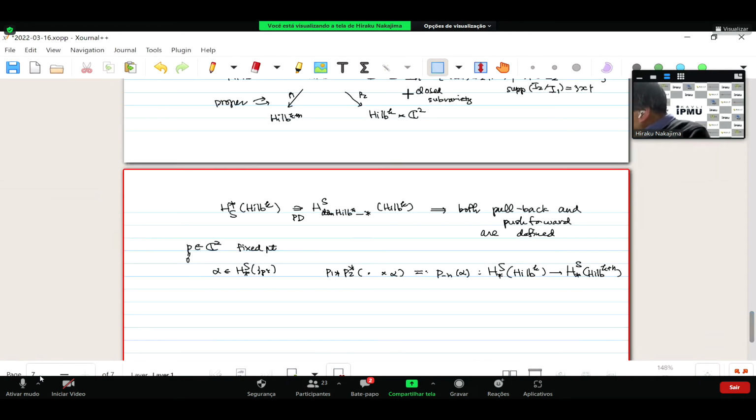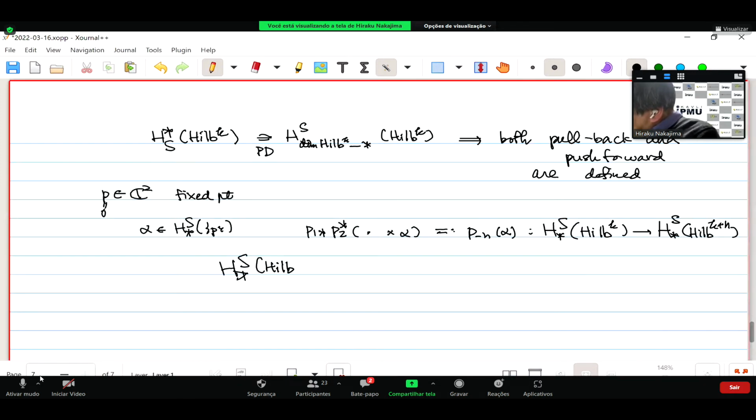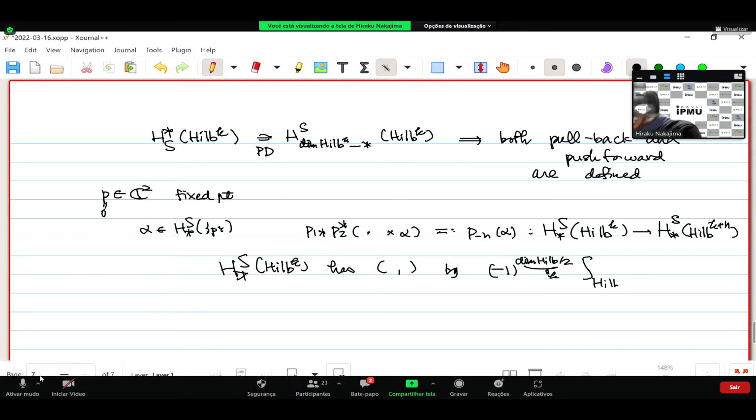And on each equivariant homology H star S of P, there is a pairing defined by some sign convention, by a cup product.